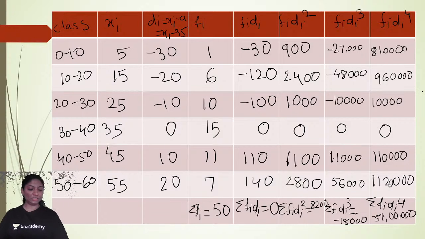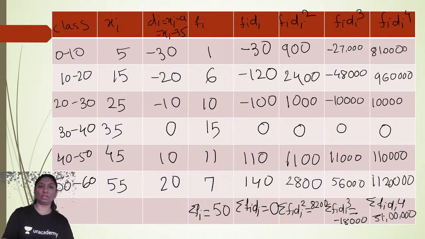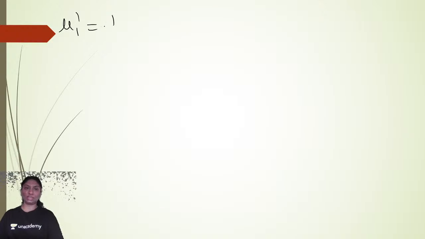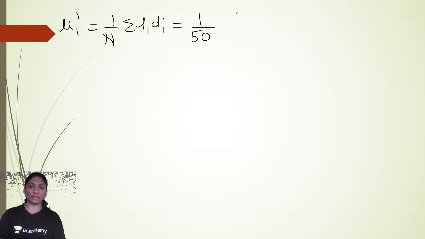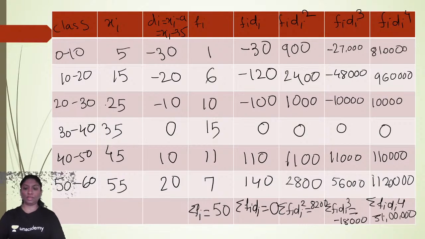Now we will just put these values in the given formula of mu r dash. Okay, so mu1 dash, what will be our mu1 dash? mu1 dash is equal to 1 upon n summation of fi di is equal to 1 upon 50, because summation of fi is 50.